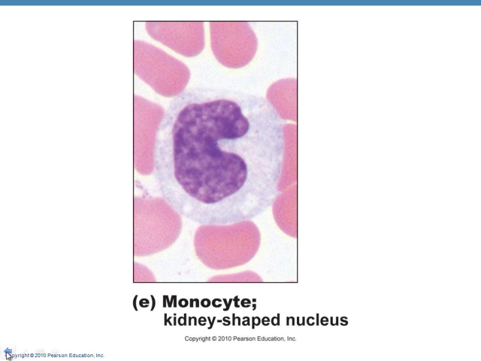Monocytes are also phagocytic, but where are they phagocytic? In the tissues. They can squeeze out of the circulatory system too and become macrophages. They can also become something else. Osteoclasts.